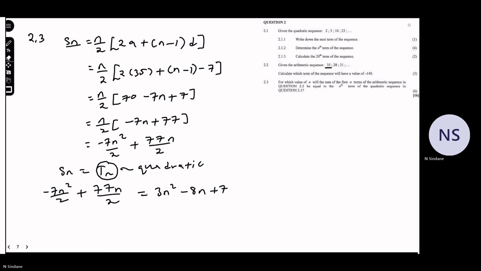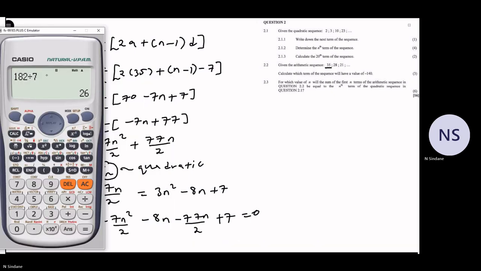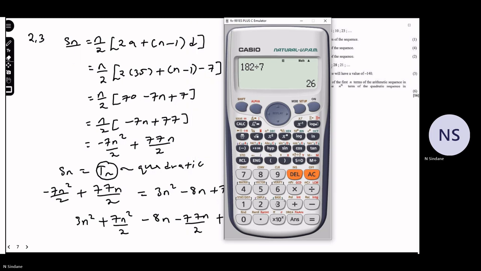And then rearranging, I'll have 3n squared. Taking this to the other side will be plus 7n squared over 2. And then I have negative 8n, negative 77n over 2, plus 7. This is equal to 0. And then I have, let's see, what is 3 plus 7 over 2?